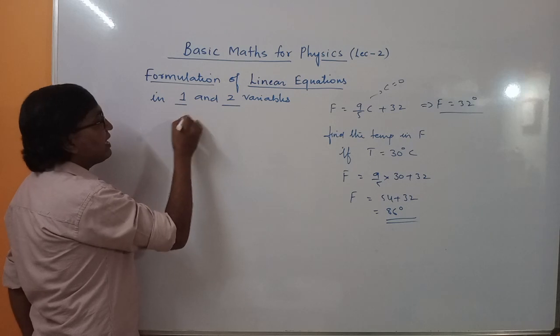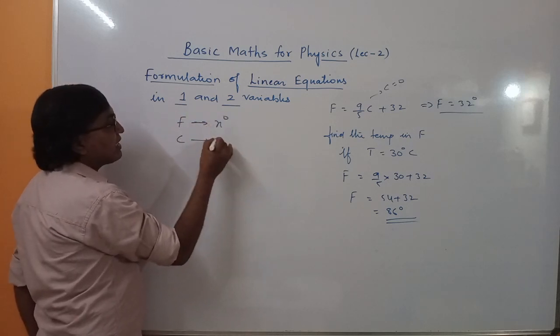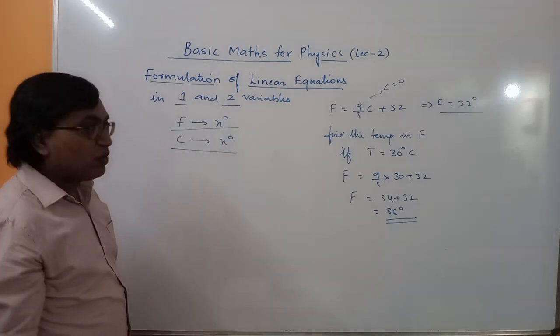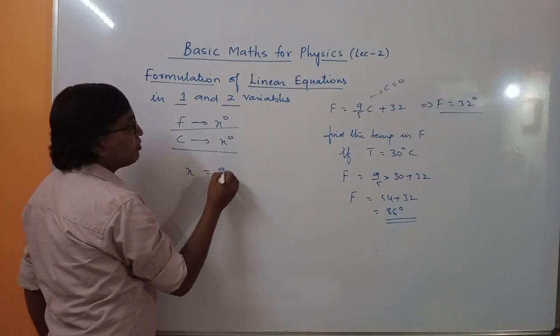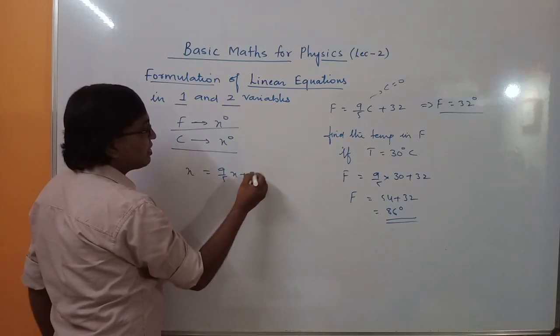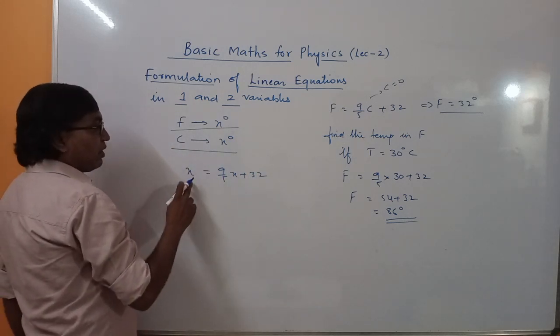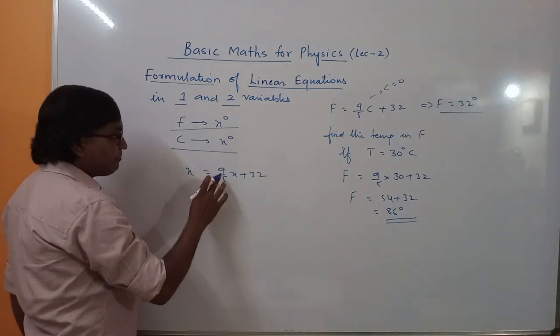On Fahrenheit scale it is x degree, on Celsius scale it is x degree. The number is same on both the scales. Then if I write x is equal to 9 by 5 x plus 32, then on Fahrenheit as well as on Celsius that temperature will be same.